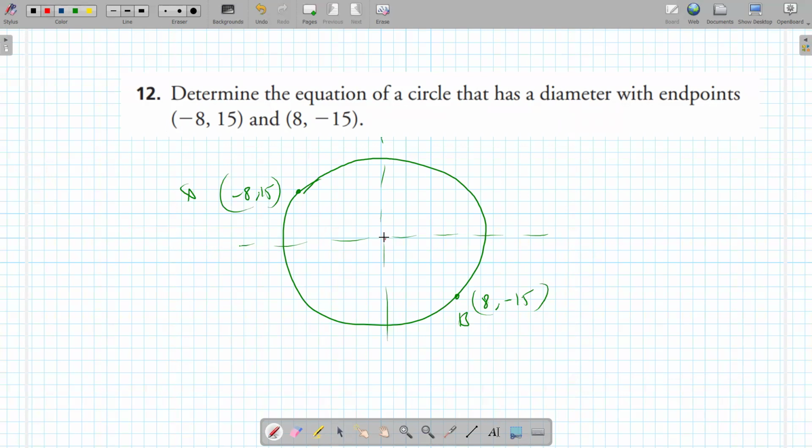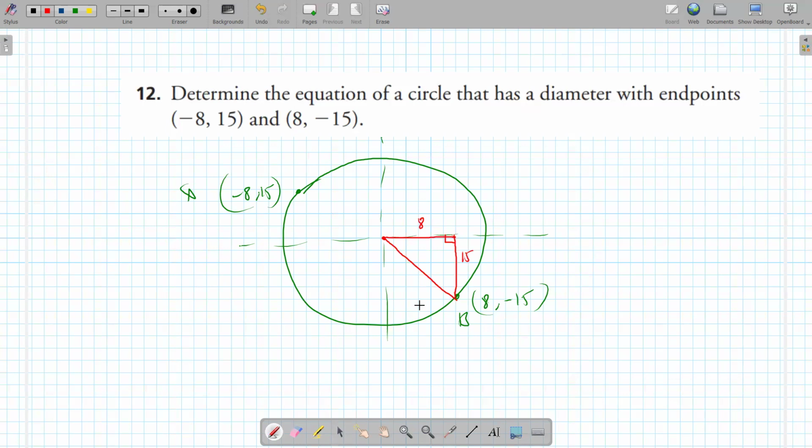So let's just focus from here to here. Or we could have done it on the other side as well. The base of this triangle is 8 units. The height of this triangle is 15 units. What's the hypotenuse of this triangle? I think it's 17. 64 plus 225. 289.